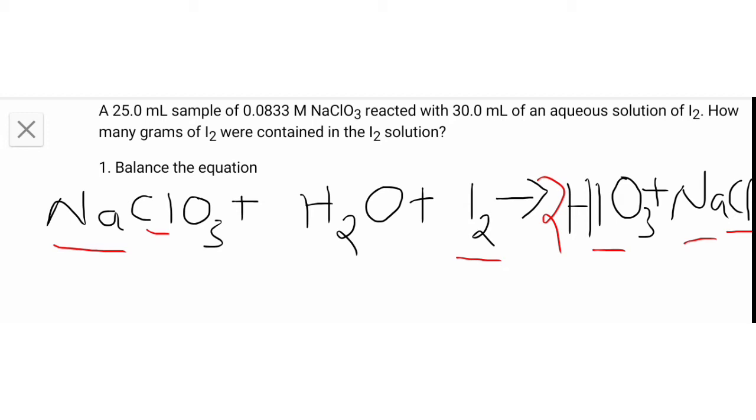So to balance the equation, you just add coefficients in front of the products and the reactants. The coefficient should not be a subscript. It also should not be a superscript. That's what we do. All right, let's move to another element. Iodine balanced. Let's move to hydrogen. For hydrogen, we have two atoms this side.